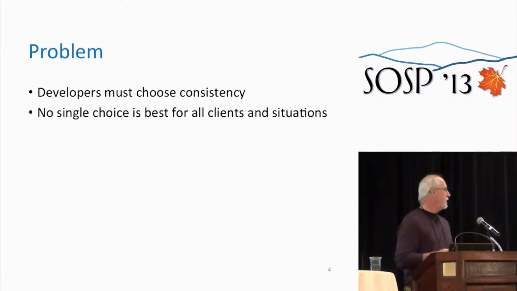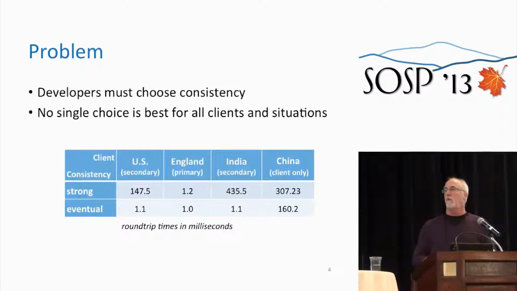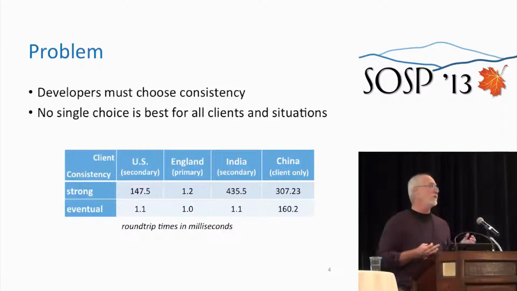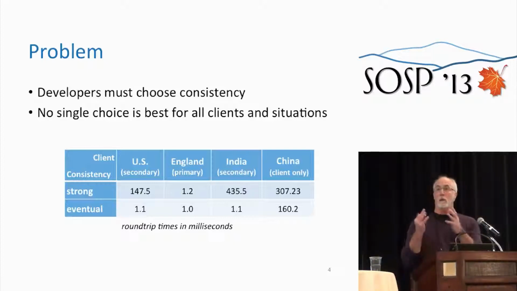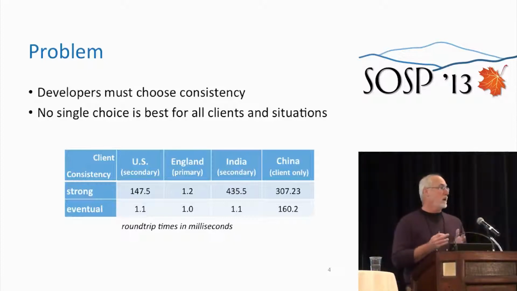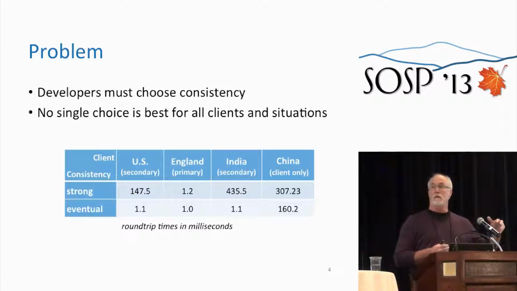So to illustrate this, we went out and measured the round-trip performance of doing a strong consistency read versus an eventual consistency read in the following situation. We put a primary copy of the data in a data center in England. We put a secondary copy in a data center on the west coast of the United States, and a secondary copy in India.